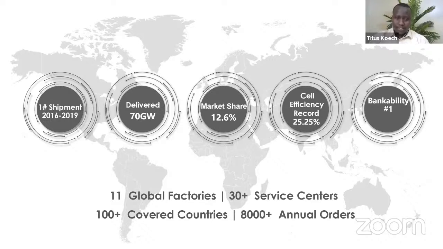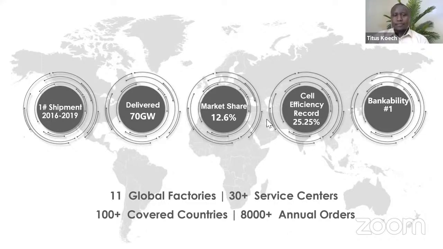So we've advanced, because being an industry leader in terms of technology, we've done so much development from the module side, and also from the energy storage side, that we're going to talk about today. And recently, we managed to break the cell efficiency record. We're now at 25.25%. This is the highest cell efficiency for our N-type cells.